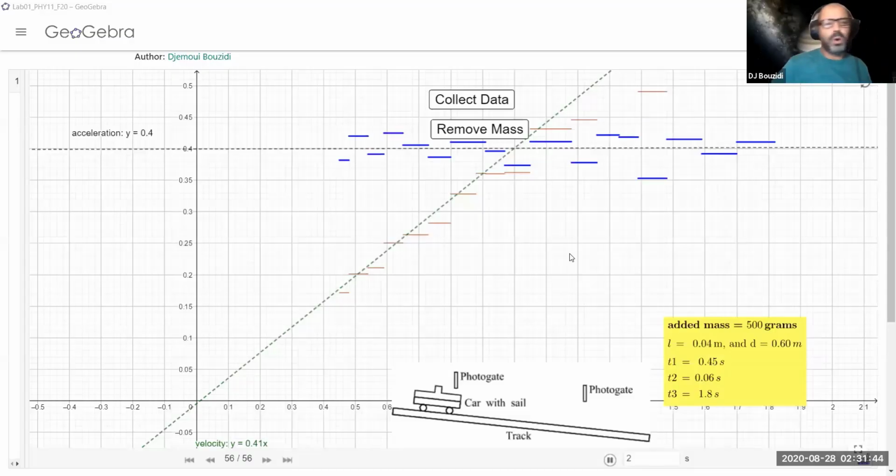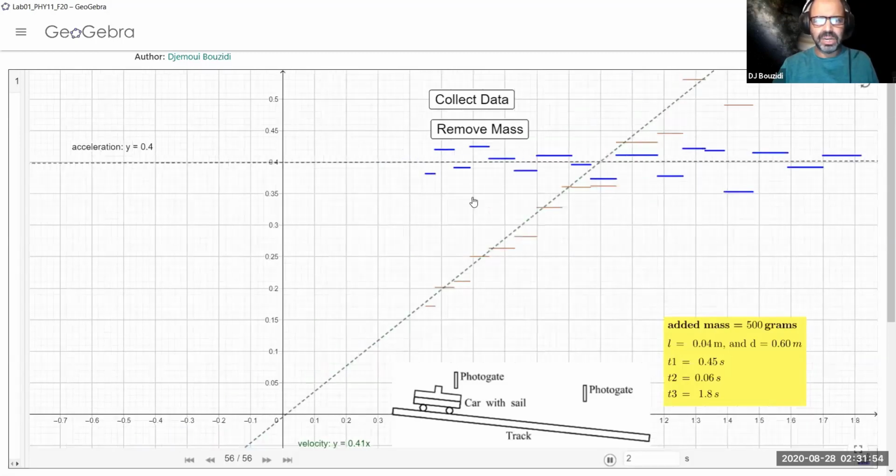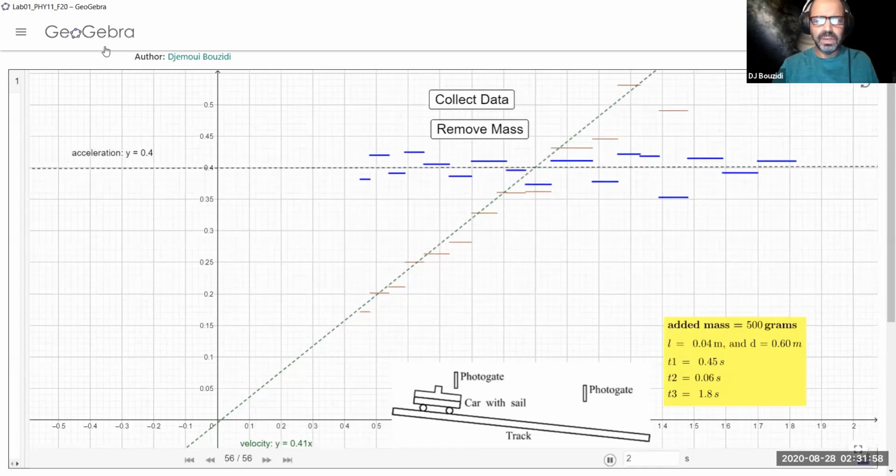You will also get this one. So I'm trying to simulate as much as possible an actual lab. I have the probes at my home in here. I don't have Capstone, I have the other one, Vernier. I think that's what the college uses for your lab, Vernier. So even if you have a Vernier, it's the same thing. It's going to give you the acceleration, and it's also going to give you the velocity.